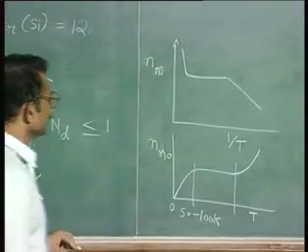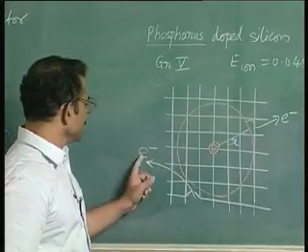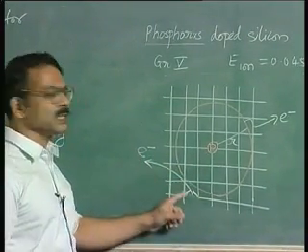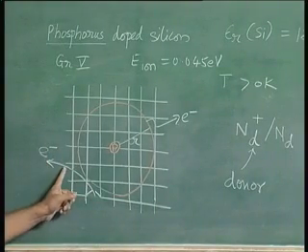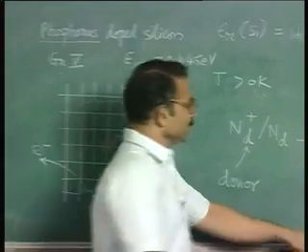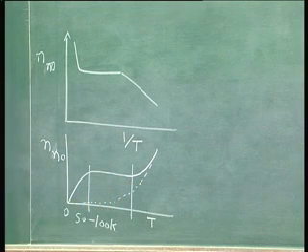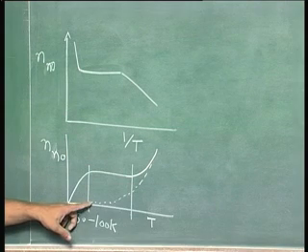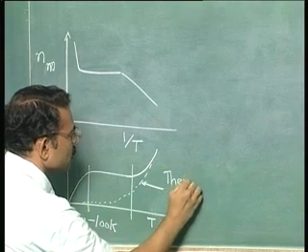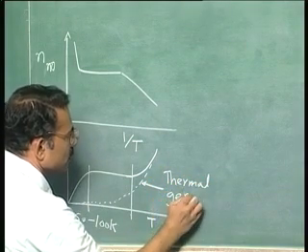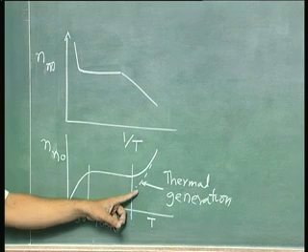So once that happens, your concentration has become almost constant, because although this particular process of silicon ionization or thermal generation is going on increasing with temperature, the concentration because of this is very, very small compared to that concentration. So that part one can show something like this. So this dotted line shows the contribution because of thermal generation, or silicon ionization.